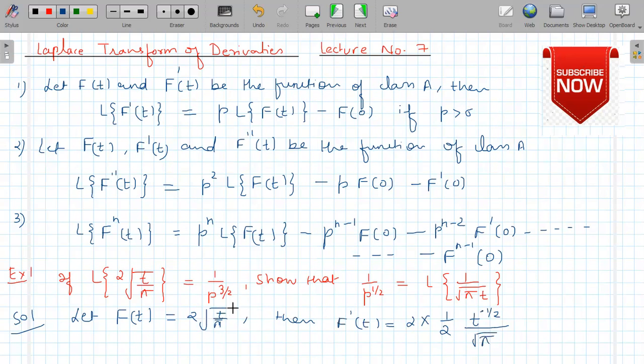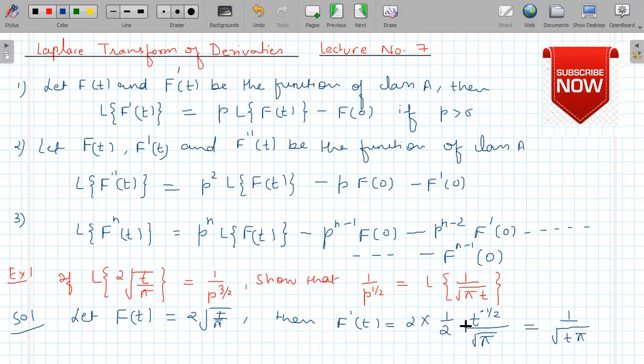Because here we have positive half power, when you subtract 1 from that, you will get minus half. So it is 1 upon square root of t into pi. Exactly what is given here is the derivative of this function.